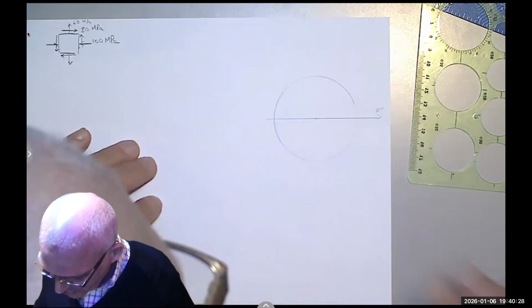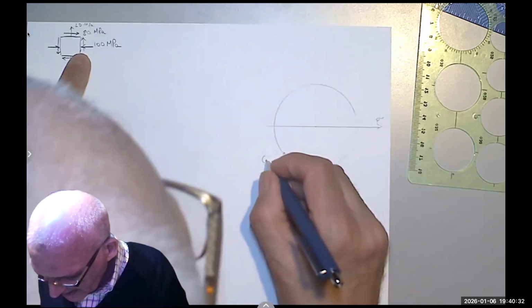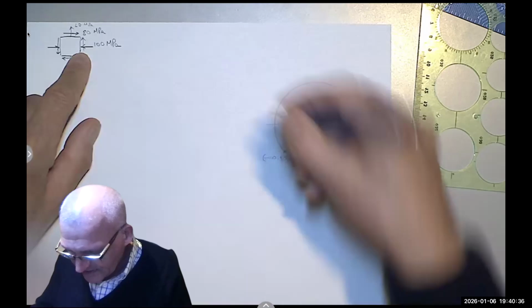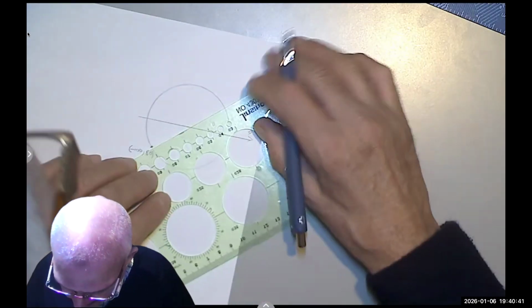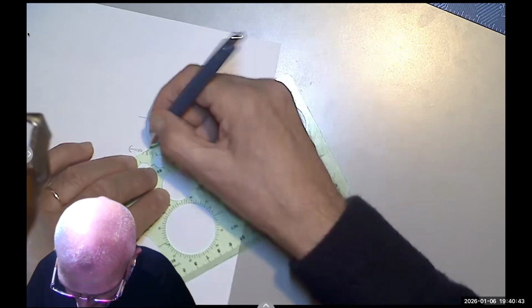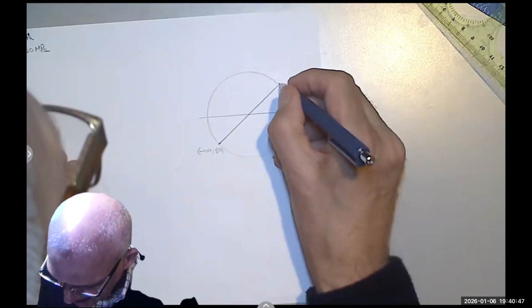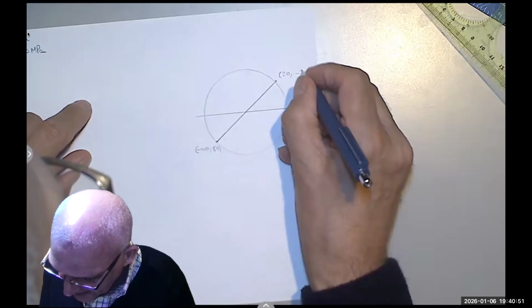I'm simply going to put a point here and say negative 100 and positive 80. Notice positive is down. And on the other side, because they are 90 degrees apart, meaning on Mohr circle is 180 degrees, it's a straight line, I get 20 and negative 80.